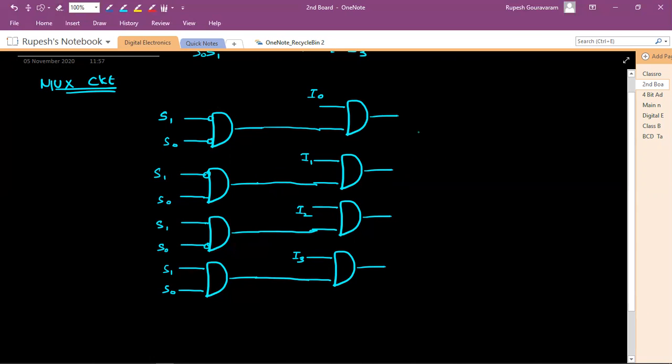So here, finally, all four outputs are connected to a single OR gate. This goes like this. This goes into this.